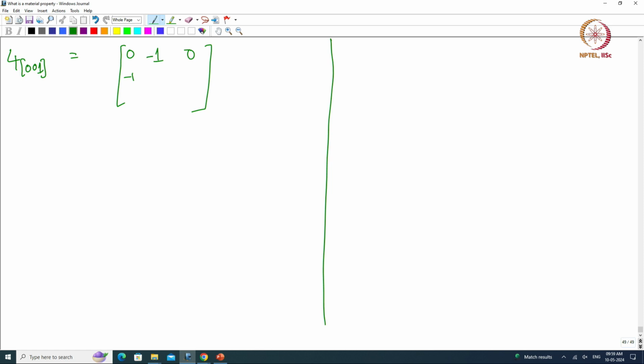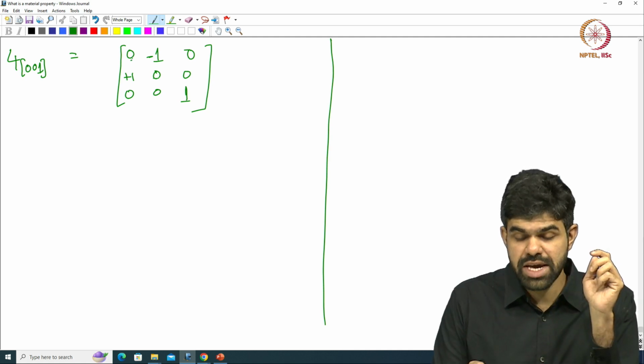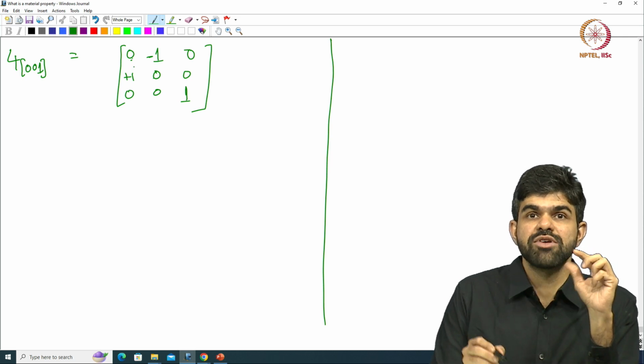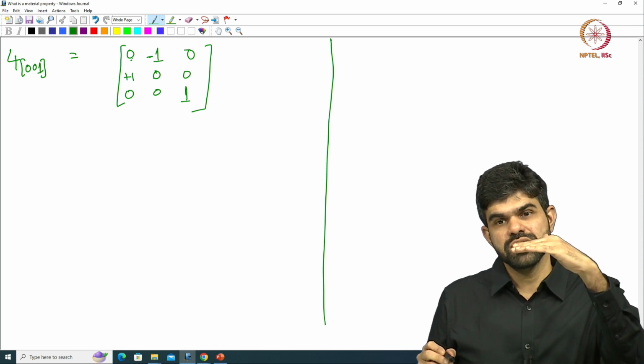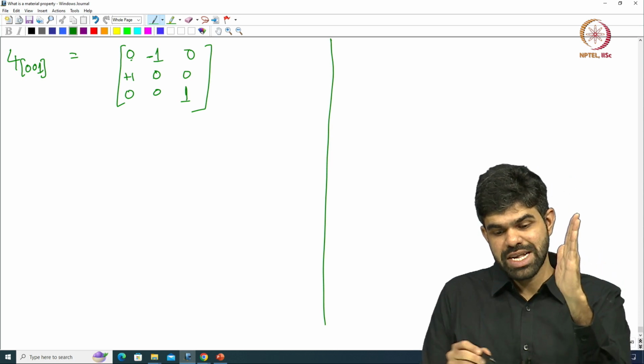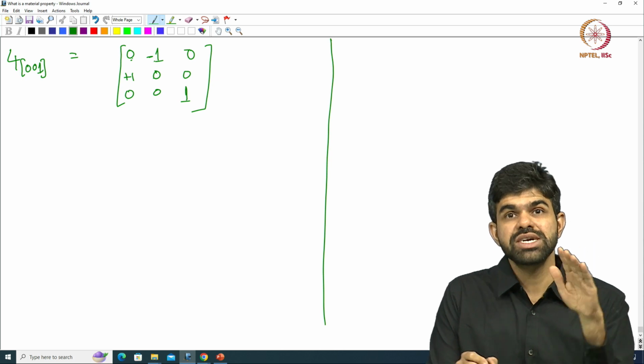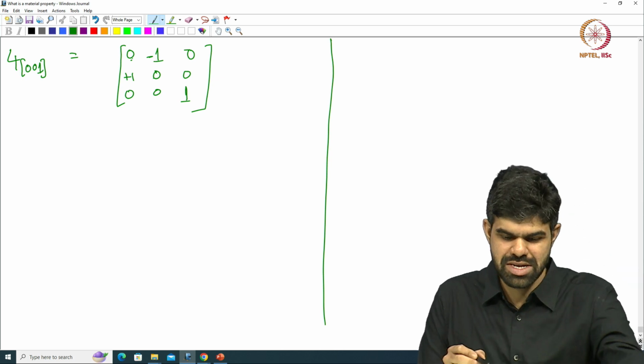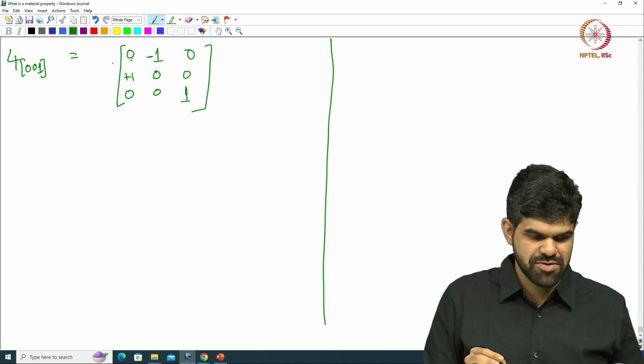So, it should be 0 minus 1 0, 1 0 0, 0 0 1, right. So, it is no longer only the diagonal elements that are there, but now you start having off diagonal elements. The new y coordinate has x in it, the new x coordinate has minus y in it, right. So, as a result, this is the transformation matrix.